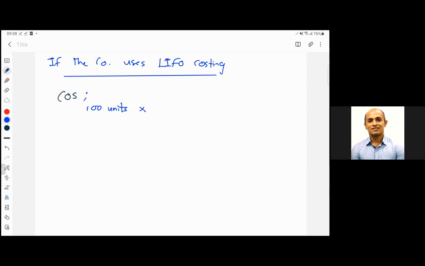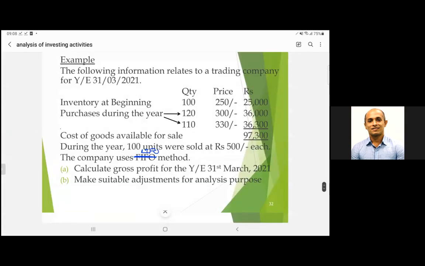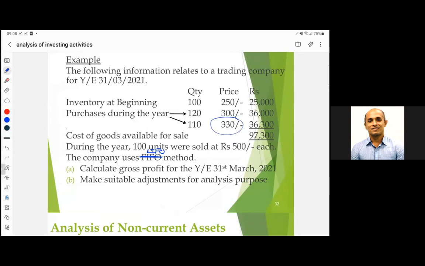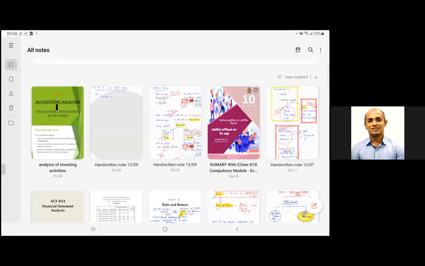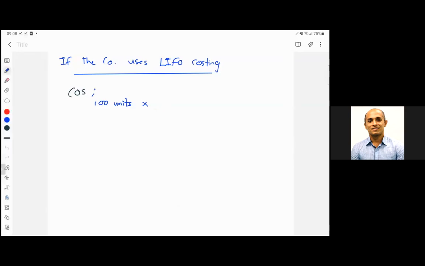The recent price, the current price, is 330. So cost of sales is 33,000, because 330 is the current price.